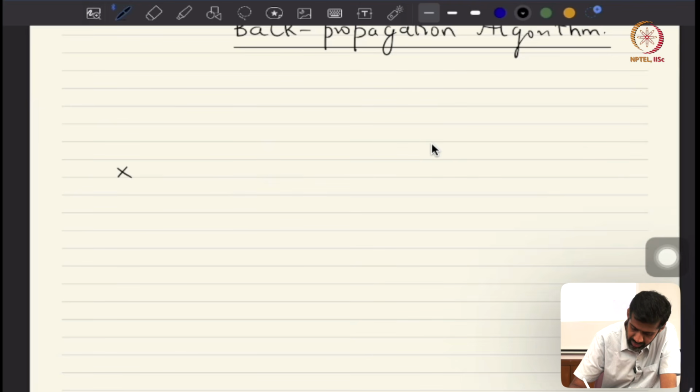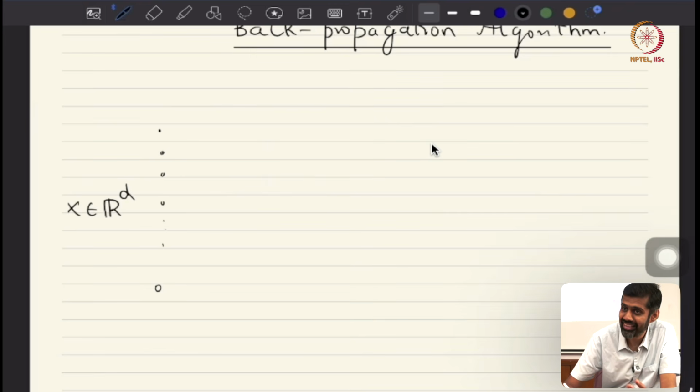So we have d dimensions of it, 1, 2, 3, 4 up to d. So this is x in R^d. Note that I am now using scalars to do everything, okay. So there are a few neurons here in the first layer, neurons in the second layer, and so on, okay.